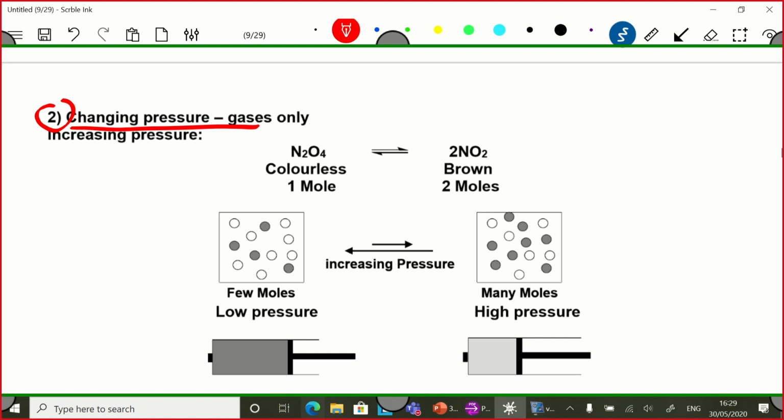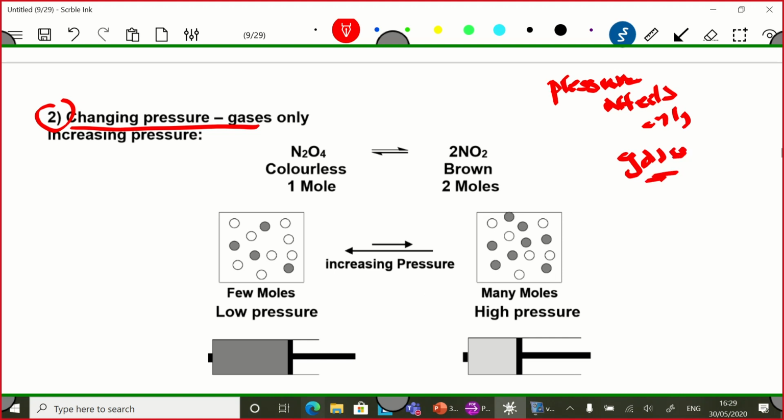So if you're working with gaseous molecules, remember that pressure is going to affect only gaseous molecules. You need to take note of this. Pressure affects only what? Gases.